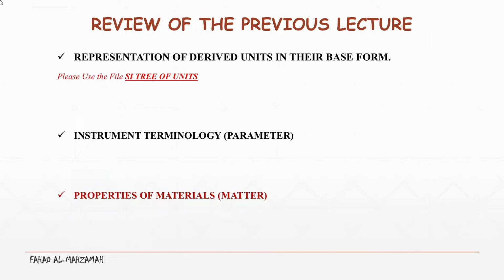And last, we talked about the properties of materials, and we discussed the differences between mass and weight, and how most of the students misuse or confuse these two quantities. In addition to that, we studied the density, specific weight, and specific gravity, and these 3 terms are again related to mass and weight as well.